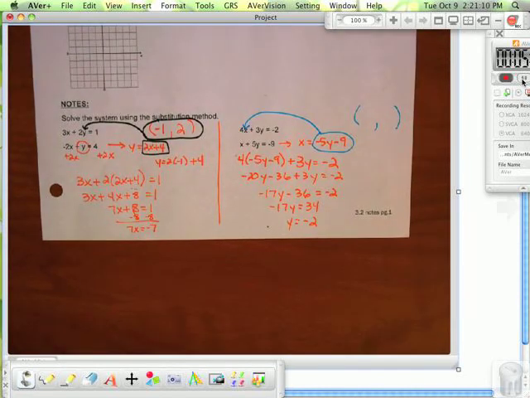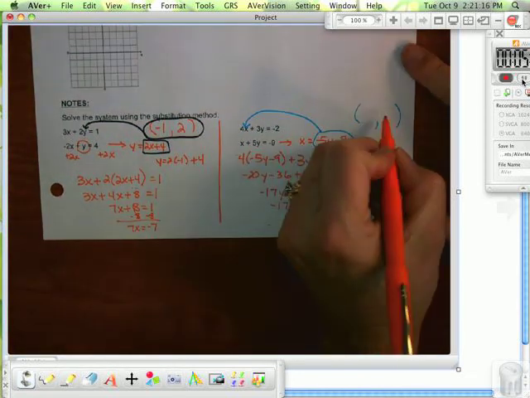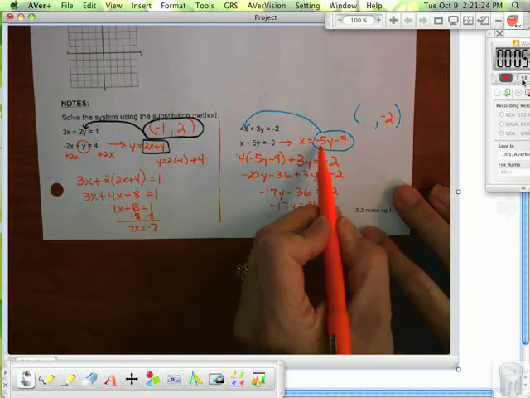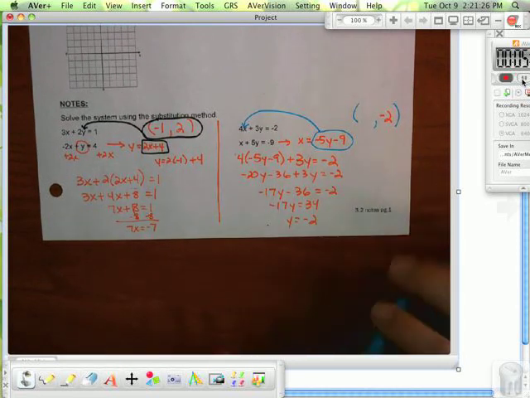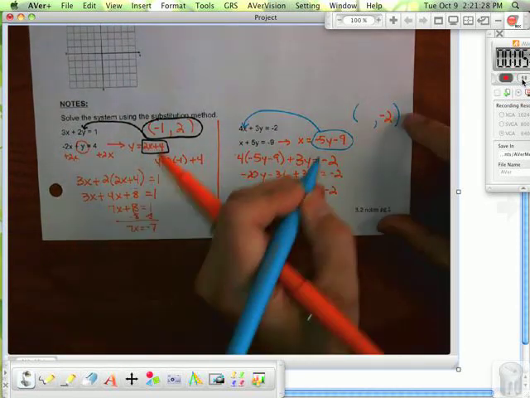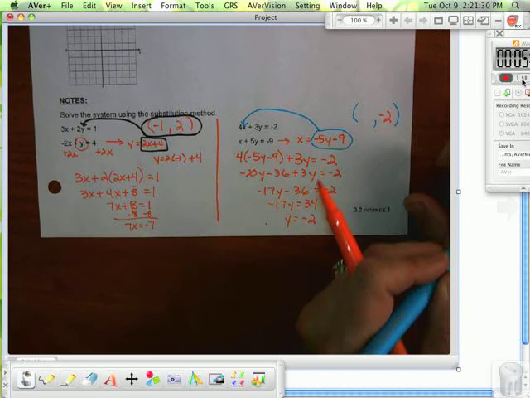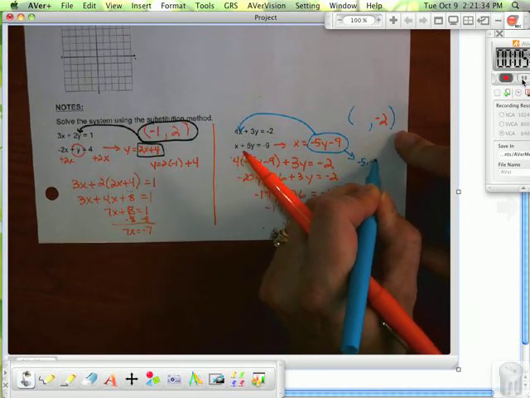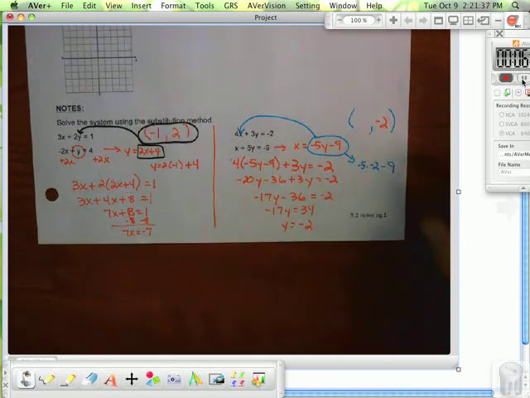Voila. y is negative 2. So I'm going to put that right up there in my ordered pair. That's my y. Then I'm going to stick it back into this thing to find x. So what is negative 5 times negative 2 minus 9? It's 1. 10 minus 9 is 1.